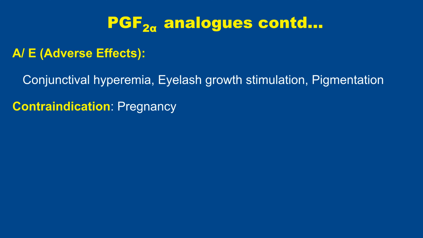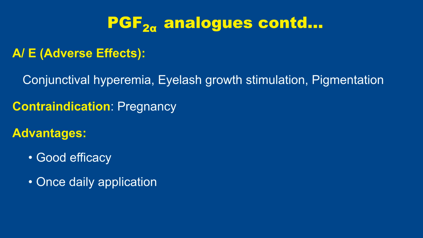Apart from their adverse effects and contraindications, they also have certain advantages over the other classes of drugs. These include good efficacy with longer duration of action and once daily application, which improves patient compliance. Also there is absence of systemic side effects or complications.